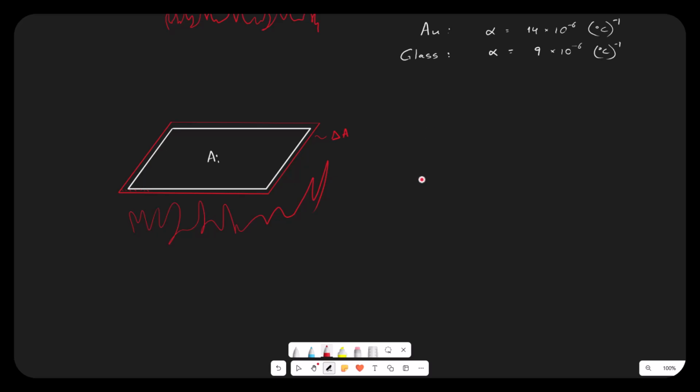And we get a formula here that says that our change in area is equal to 2 alpha times the initial area times change in temperature. So it works a whole lot like our change in length. Our change in length was equal to just alpha times L sub i times delta T. And our change in volume, while we're at it, is actually going to be about 3 alpha.